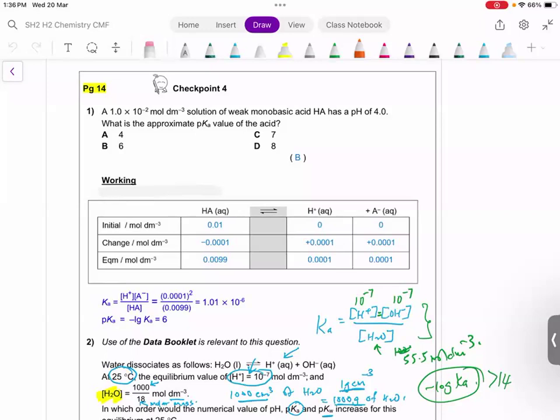So what does it tell you? The Kw value can be obtained from data booklet. It's 10⁻14. Okay, so this Kw value equals 10⁻14. What is the relationship between the H plus and the OH minus concentration for water?